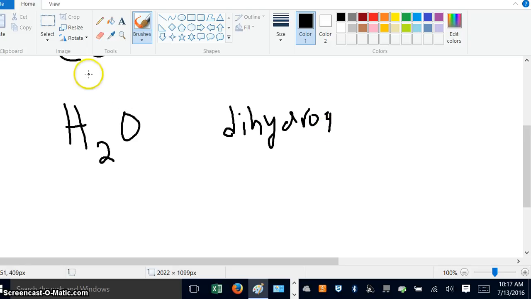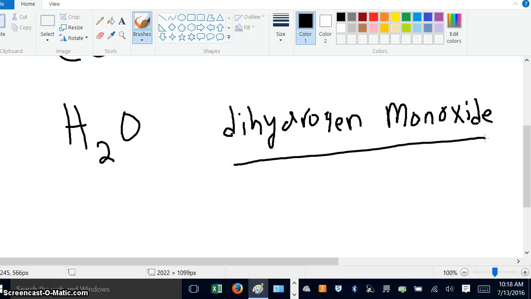And since there's one oxygen here, it would be monoxide. Dihydrogen monoxide. That's a good one. Obviously we all know that as water, but this is the proper name of this molecule, dihydrogen monoxide.